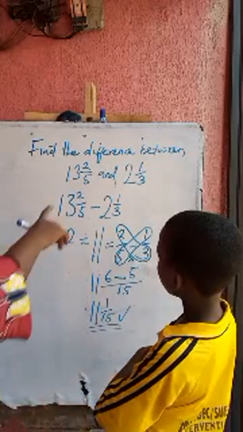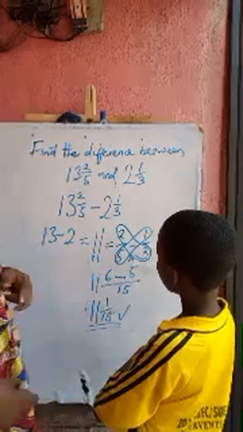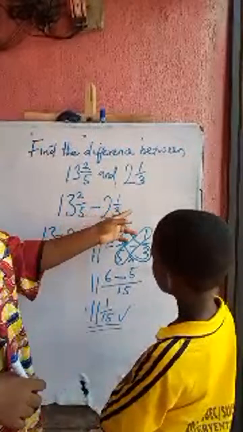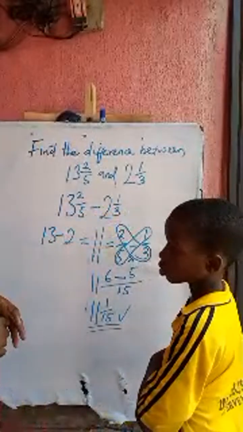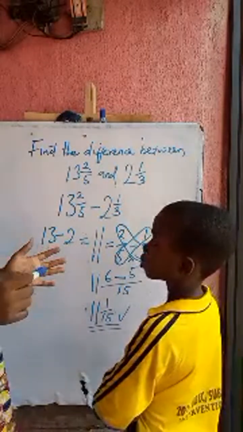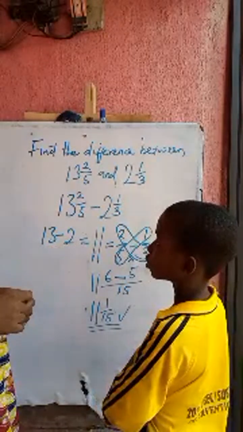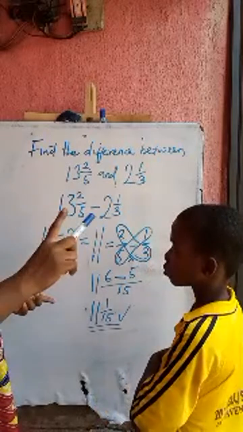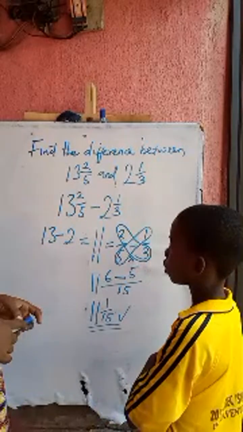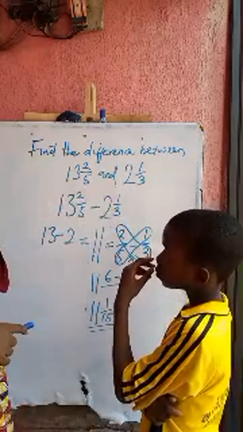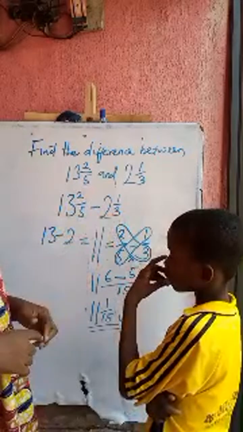Rather than looking for the LCM, when the denominators are odd numbers, you simply multiply. Assuming the denominators are even numbers, it would have been easier for us to get our LCM.